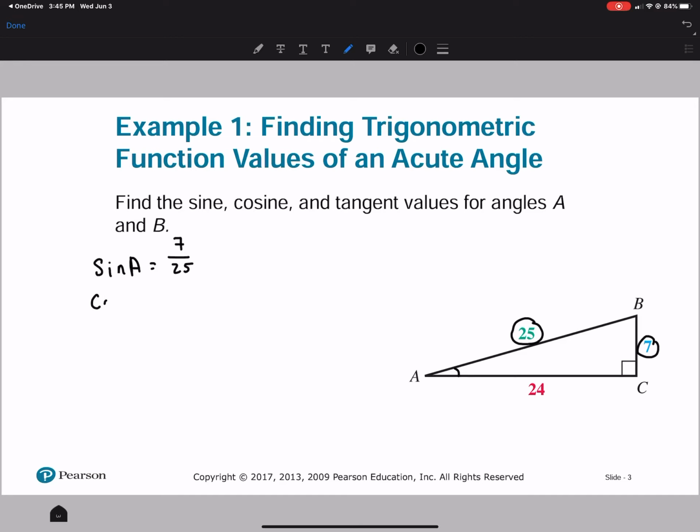And let me go ahead and do the cosine of it. So the cosine of A is equal to what? The adjacent, which is 24, over the hypotenuse, which is 25. Now, tangent of A is equal to what? Opposite, which is 7, over the adjacent, which is 24. So 7 over 24.